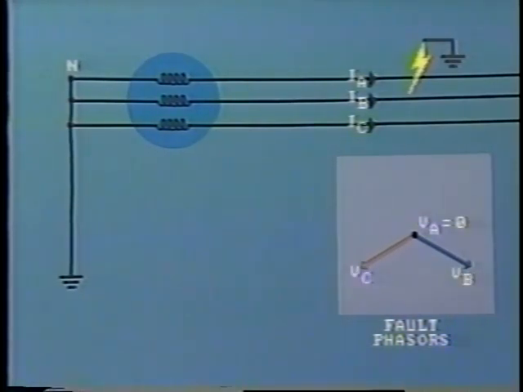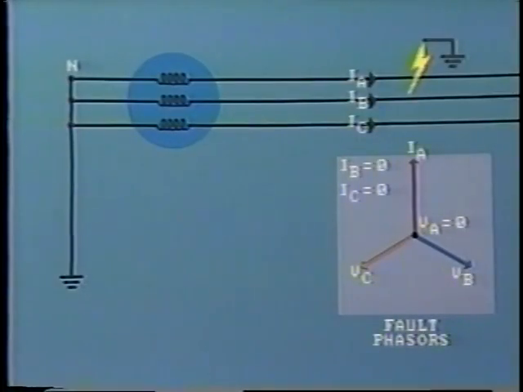The phase voltages on lines B and C remain unchanged. The current in line A, that is IA, increases considerably to feed the fault. Note that we have drawn the current IA in phase with voltage VA. For simplicity, when using symmetrical components, the fault path is considered to be either pure resistance or pure inductance.